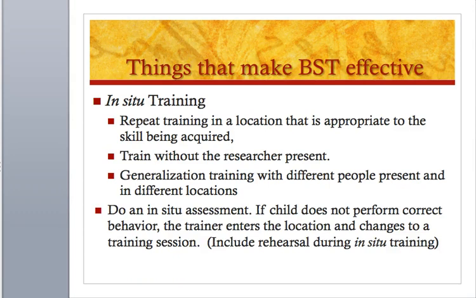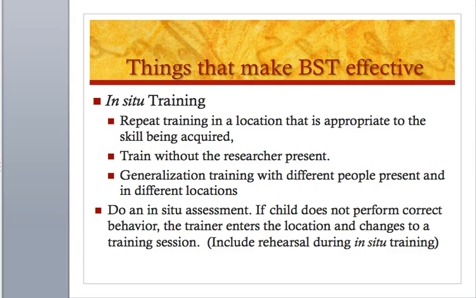So one of the things that really helps when you are training important behaviors like fire safety and gun safety and abduction safety, it's a really good idea to do generalization training by putting them in the situation, doing your training in situ. Repeat the training in locations where it's appropriate that the skill might be needed.